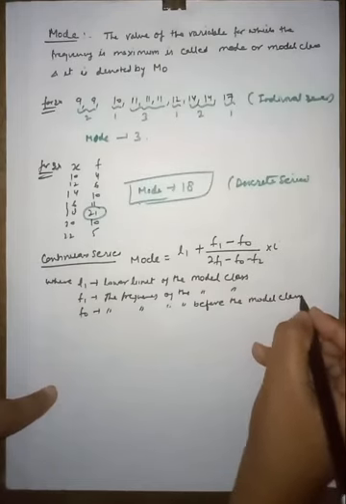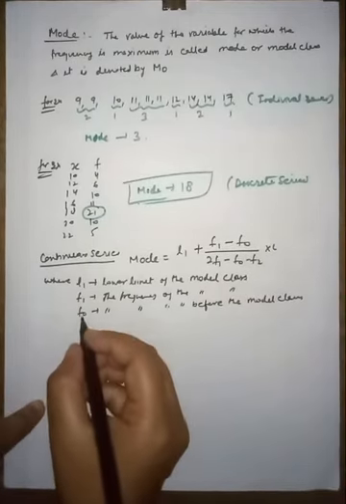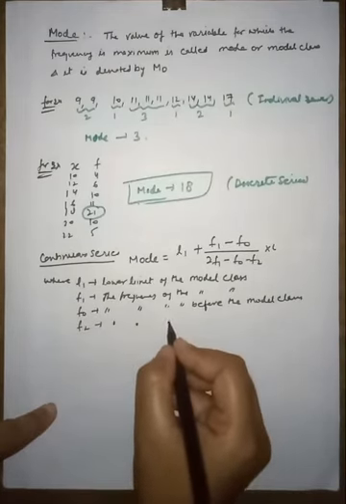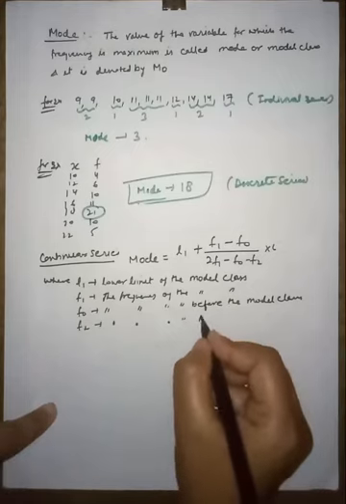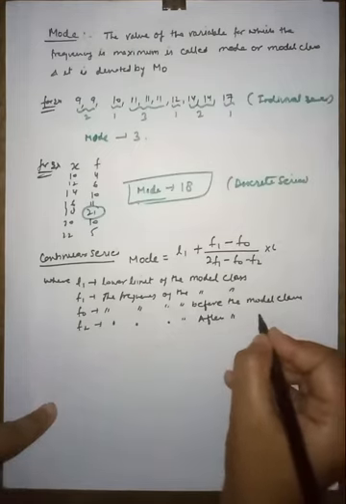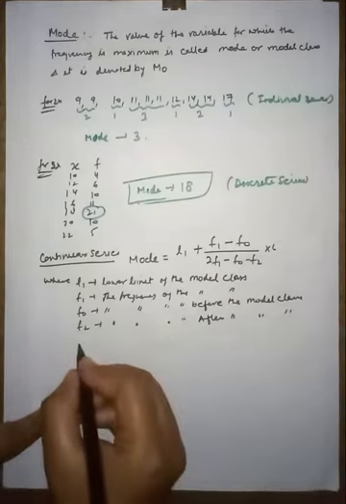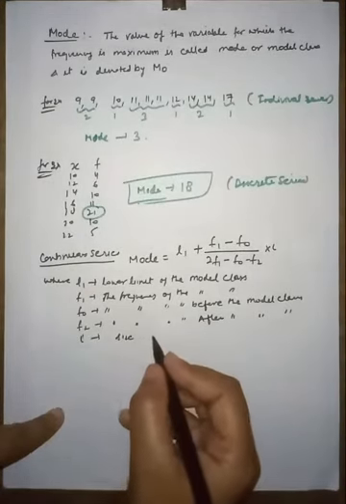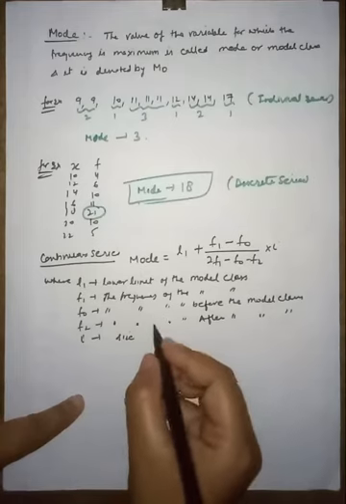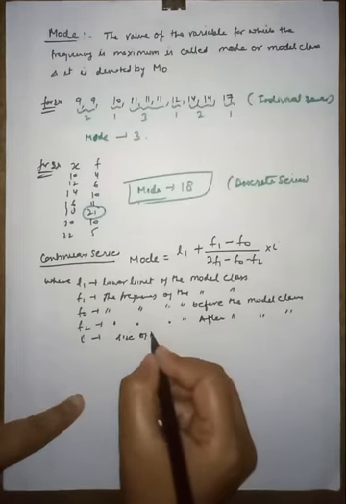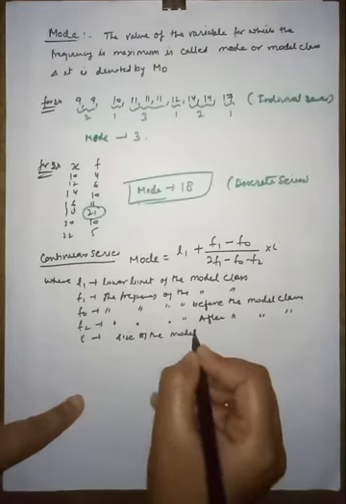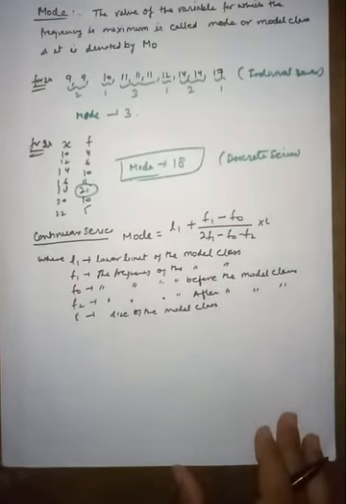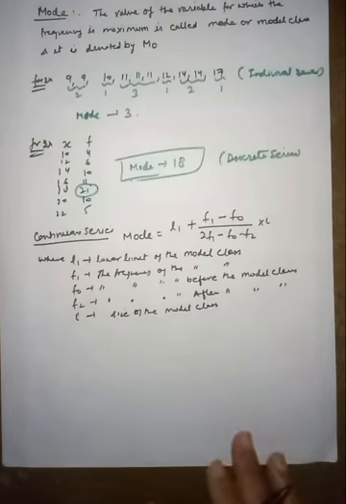Now f2 is the frequency of the class after the modal class. And what is the I? I is the size of the class, or you can say the gap between the limits of the modal class, right? So friend, now I have taken one example.